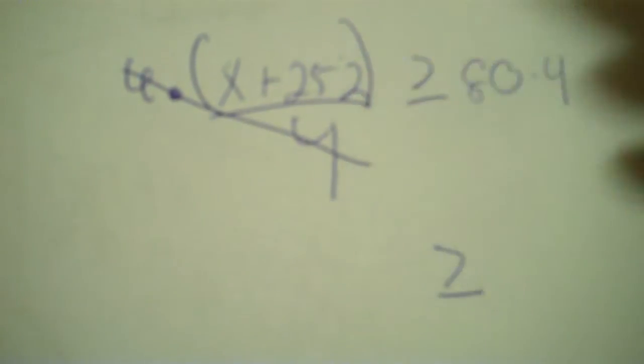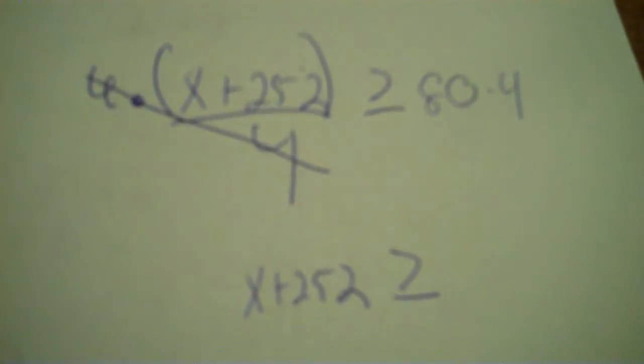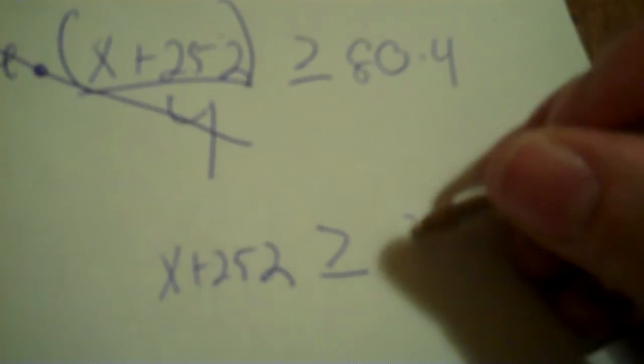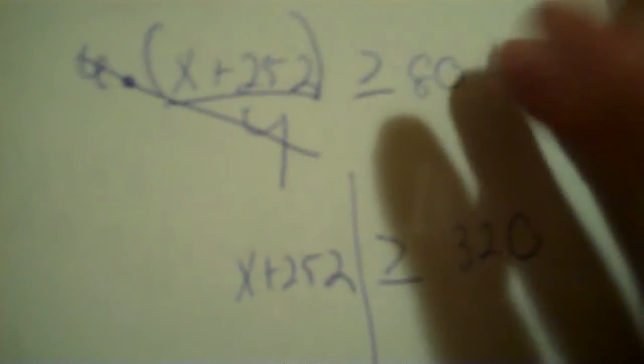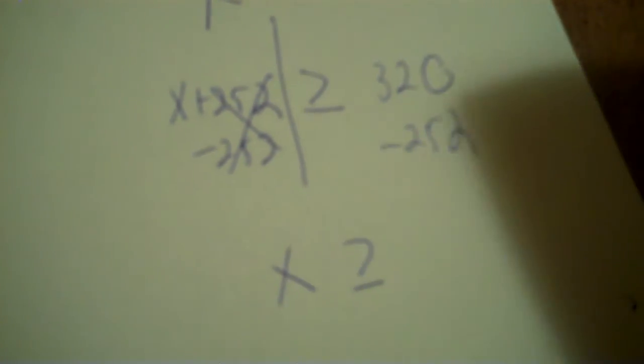Those cancel and I just have x plus 252. And on the other side, I've got 80 times 4, 320. Take out your 252 by minusing. We get x, 320 minus 252 is 68. So all he has to get is a 68 or higher to meet his goal of getting 80.